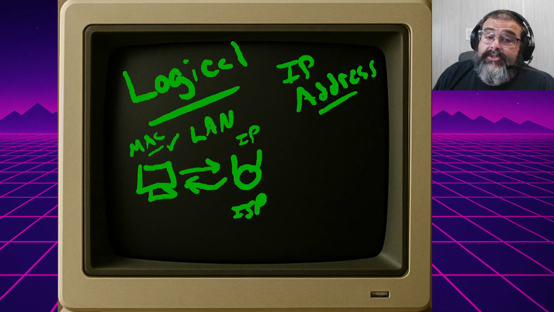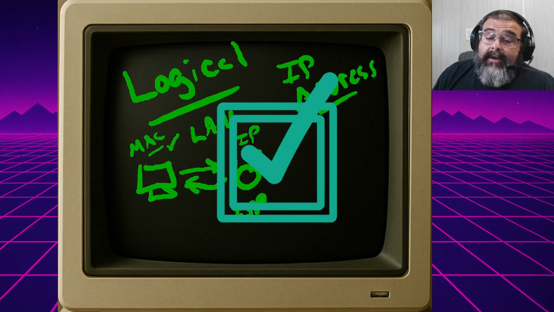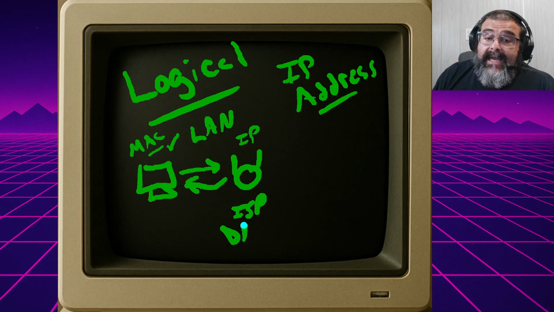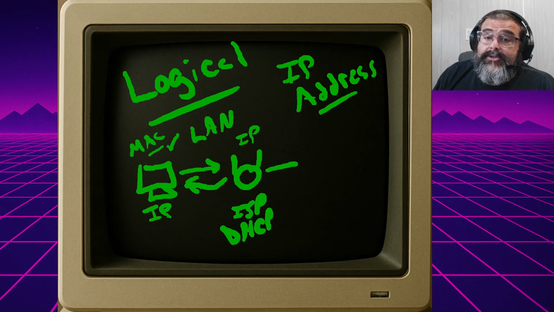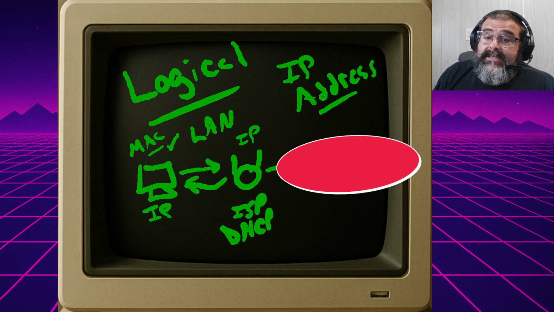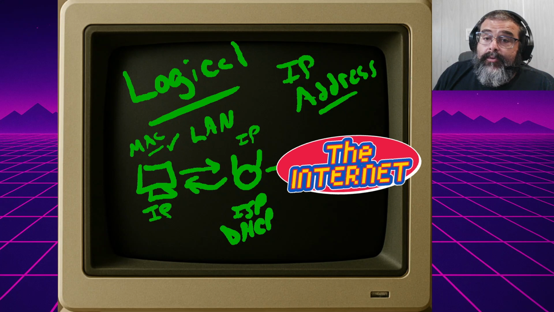The computer says, sure do. And then the router, utilizing a service called DHCP, assigns this logical identifier to the computer. Now that the computer has an IP address given to it by the router, this allows the router to pass the traffic that the computer wants to send on its behalf to the internet. So now you can get to wherever you want to go on the internet.